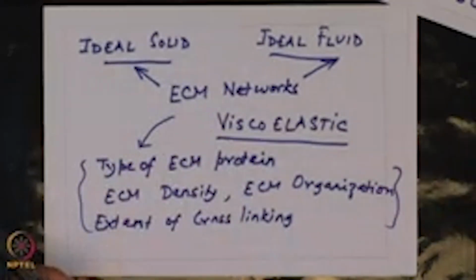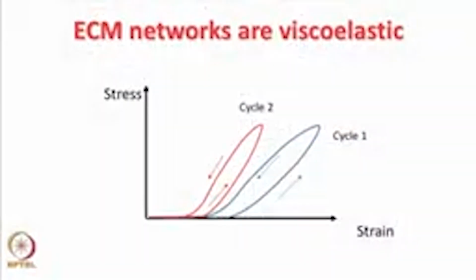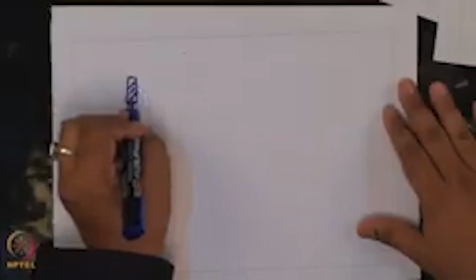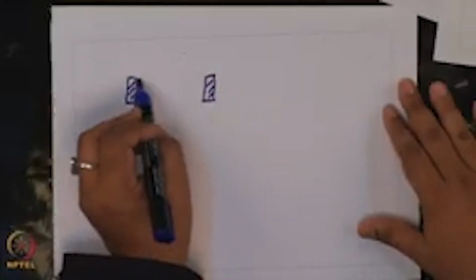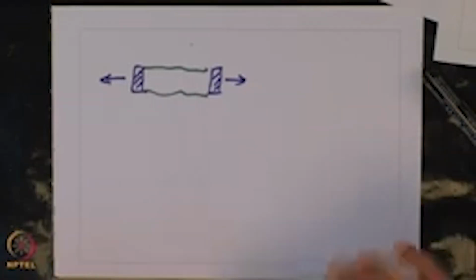So, this is an example of how a stress strain curve would look for a collagen hydrogel that you fabricate. These arrows indicate that, using let us say a stretching device, you take a gel, this is your hydrogel, and then you can stretch it back and forth, and that is what is referred to as cycle 1 and cycle 2.